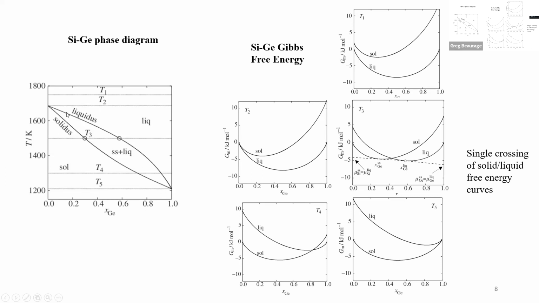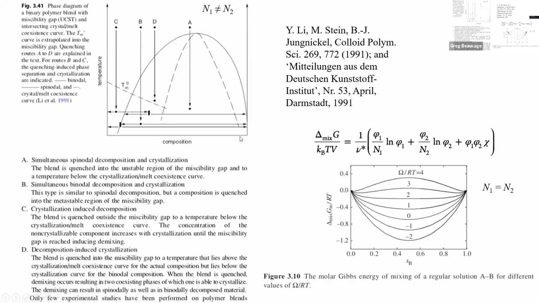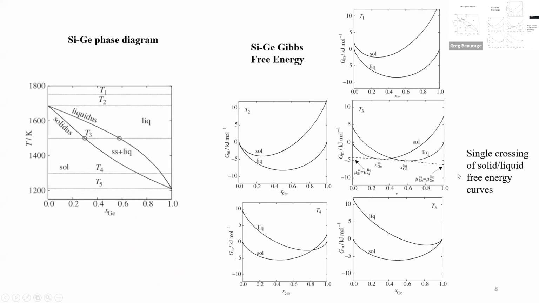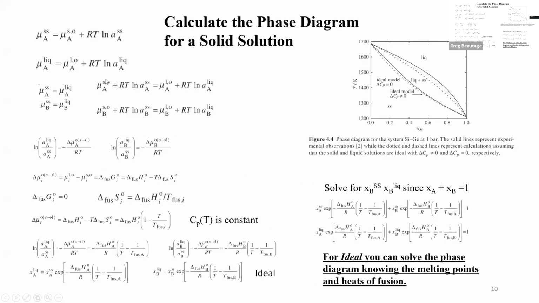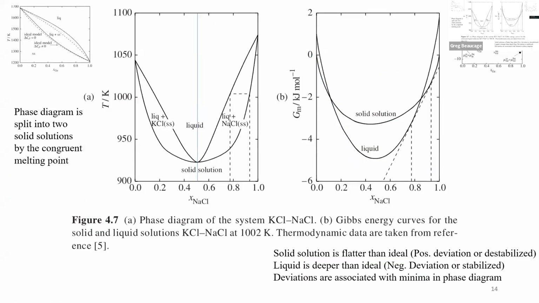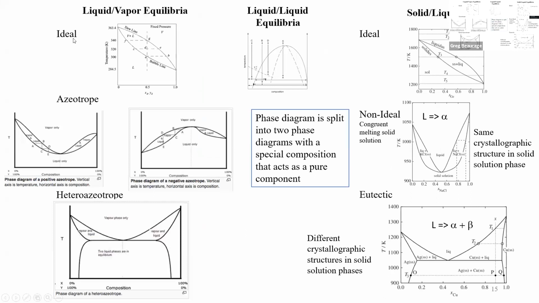So just by having two free energies of this type for the solid and the liquid, you can create this solid solution phase diagram. That's similar to the phase diagram for an ideal mixing liquid. They're the same thing.